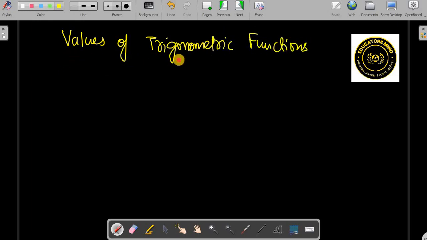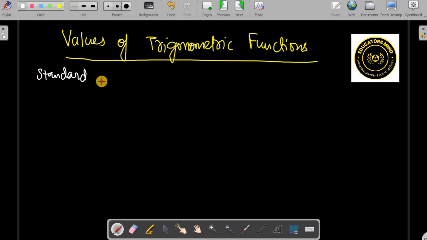What are the values of trigonometric functions? So there are standard angles. So we will take standard angles. What are the standard angles?